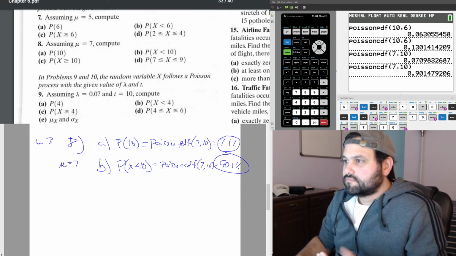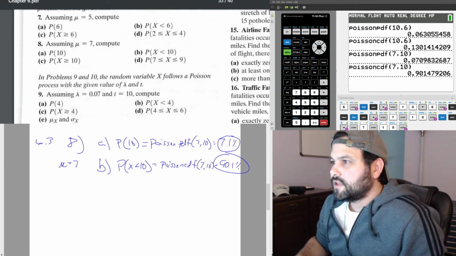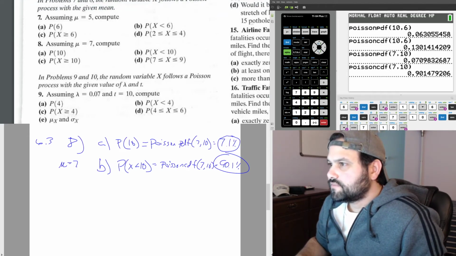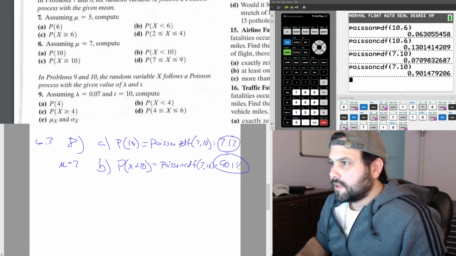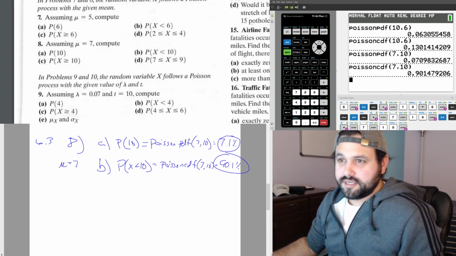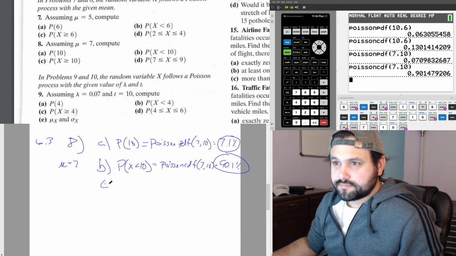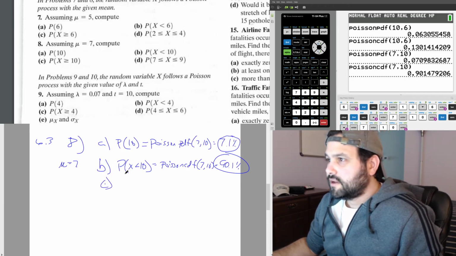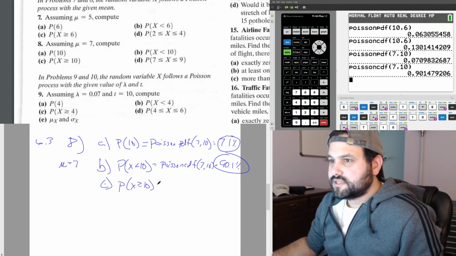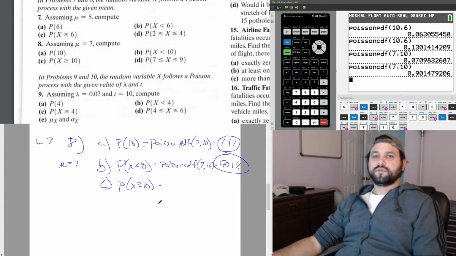And so on, right? So part C, the probability that x is greater than or equal to 10.